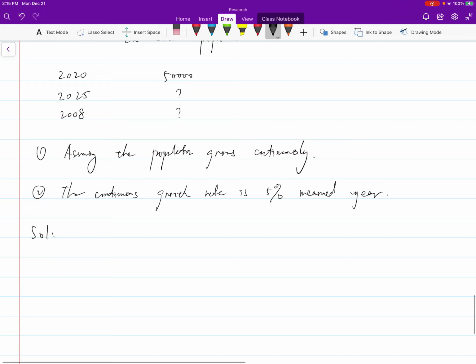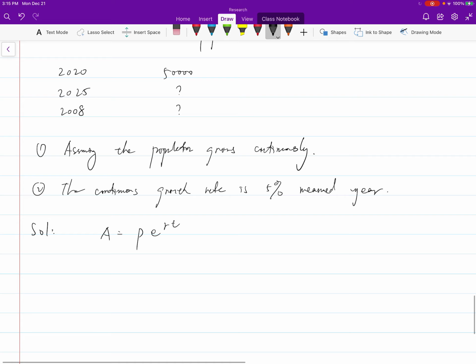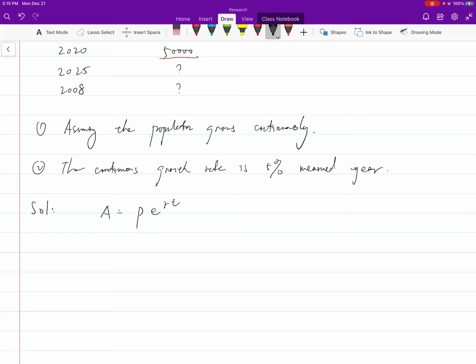All right. This is the formula. Now all we need to do is, number one, pick a principal. Since we already know 50,000, I will pick the principal to be 50,000.